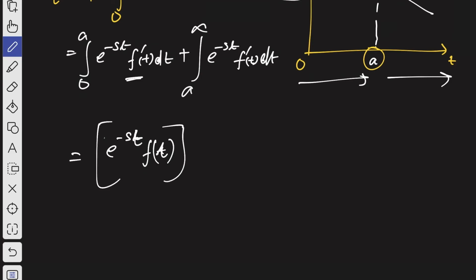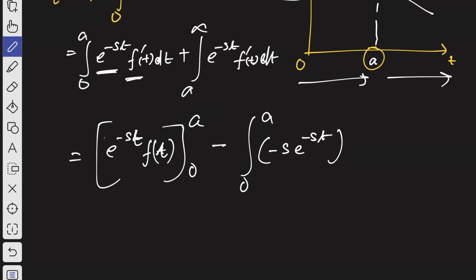So we have limits here, 0 to a, let's put here 0 to a, then minus integration 0 to a, so then derivative of this e to the power minus st, this is minus s e to the power minus st, right? Then again integration of f dash of t, that's going to be again f of t, right? Its integration is f of t, then dt. That's what we will get.